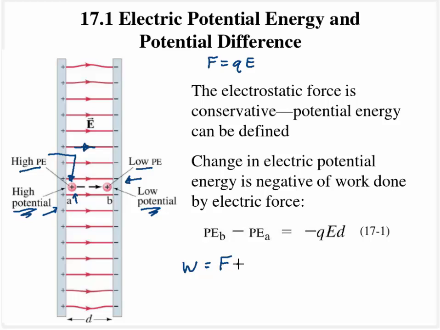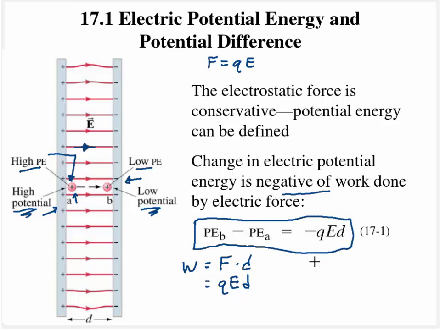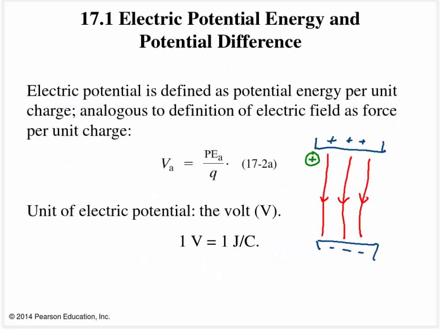Remember that work is equal to the force multiplied by the distance, so it's equal to the charge multiplied by the electric field multiplied by the distance, and it's essentially the negative work, so it's how much work was lost. So the potential energy difference between these two plates is equal to negative charge times electric field multiplied by the distance between them.